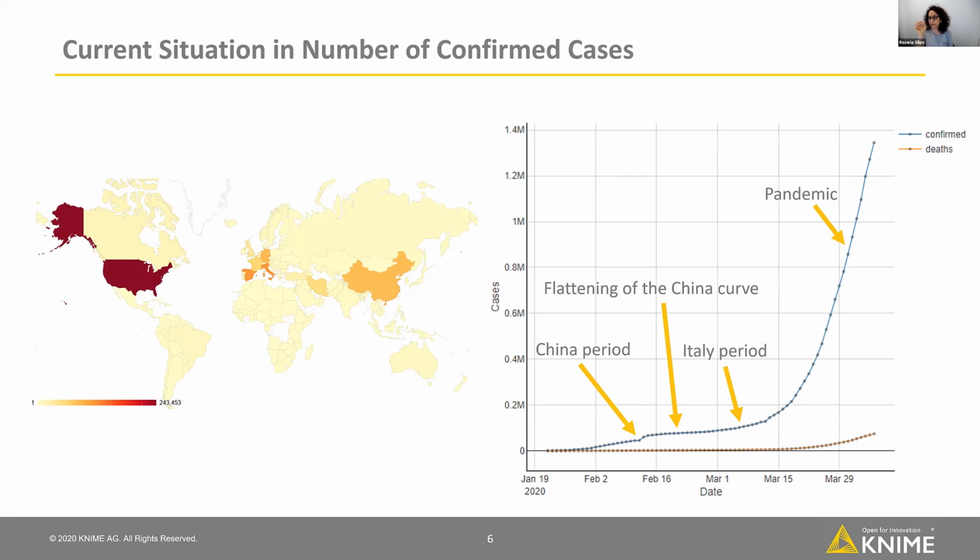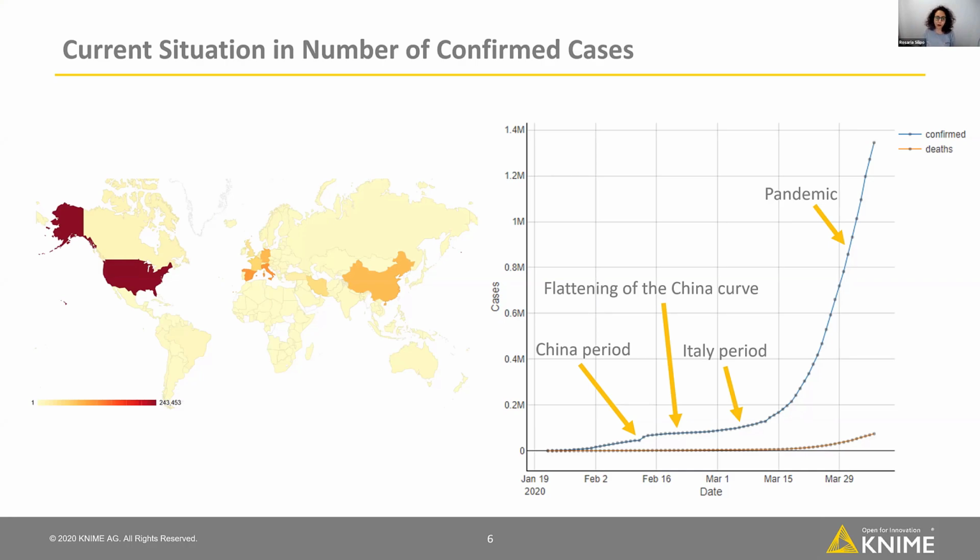After that, the Italy period started, when the contagion was somehow contained in Asia and started in Europe, and Italy was the first country affected by the COVID-19 spread. Then all the other countries started one after the other, the curve becomes much steeper, and that's when the pandemic all over the world can be said to have started.